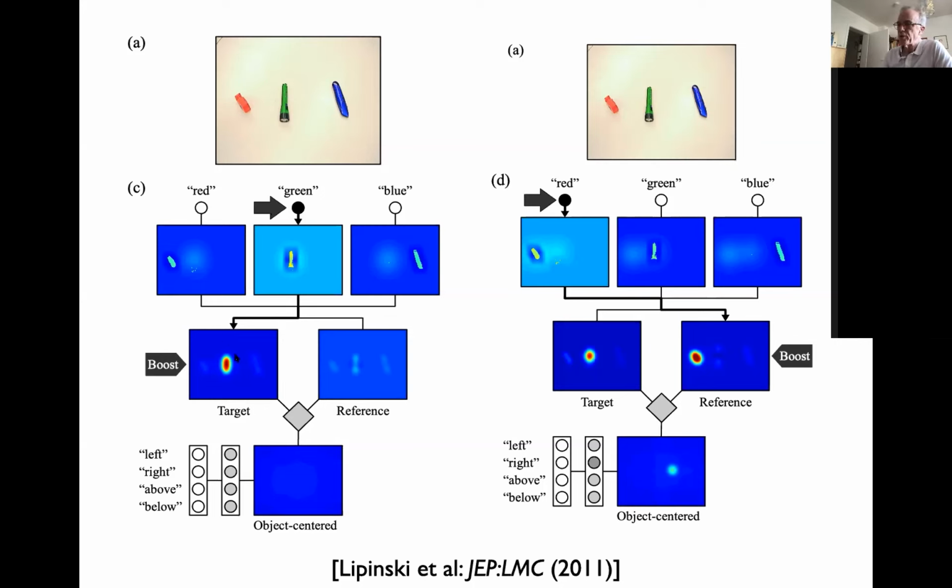The reason why this goes into the target field is that at the moment when we're doing this boost, we're also giving a constant homogeneous input to the target field, but not to the reference field. That makes it so that the target field can go through a detection instability with the input it gets from this layer, while the reference field can't. Once we've done that, we're telling the system to look at the red as a reference.